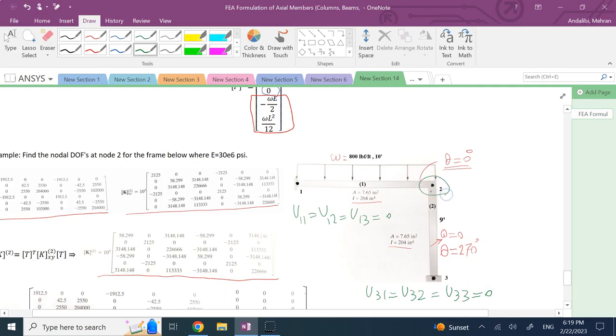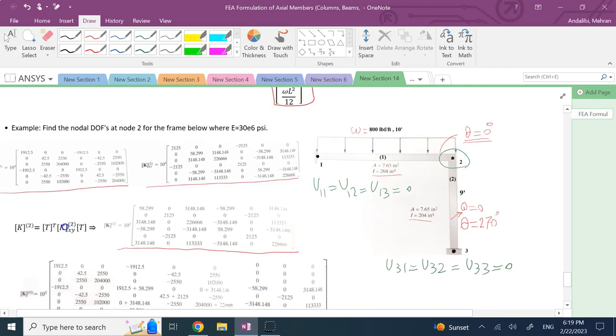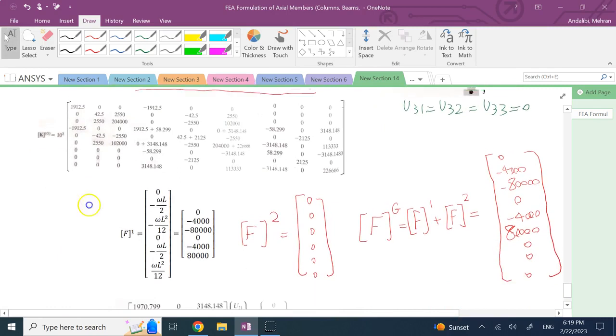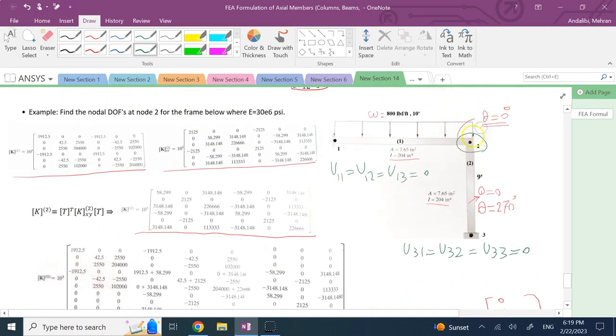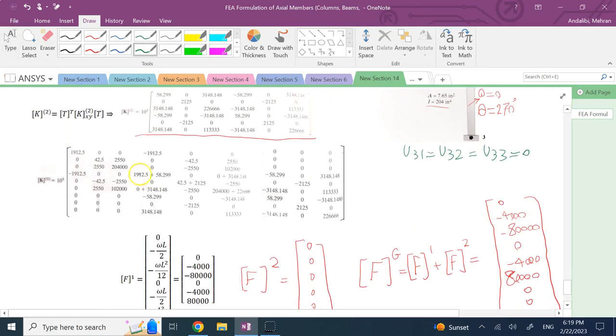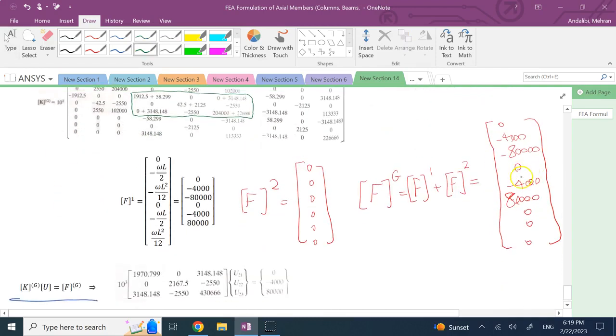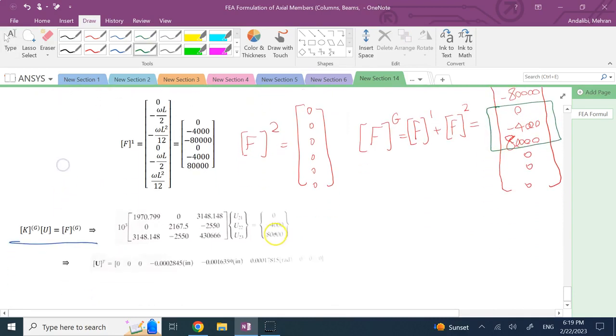And node 2 is completely free to move in all directions and rotate. So what we really need is only the elements of 2. Therefore, we really need the middle portion of the K, for U21, U22, and U23, and that is this area here, and then this area from the F. And that's what you see here.